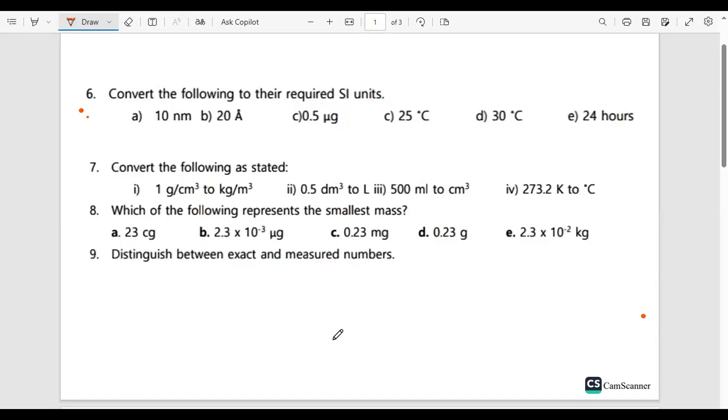There are three things that you have to be aware of. One, you have to know the SI units. We have 7 of them, I'll show you. Two, you have to know the conversion factor of a certain unit to another unit.